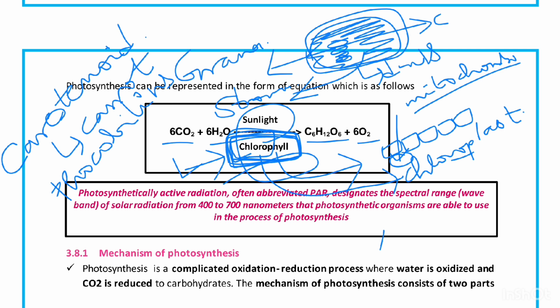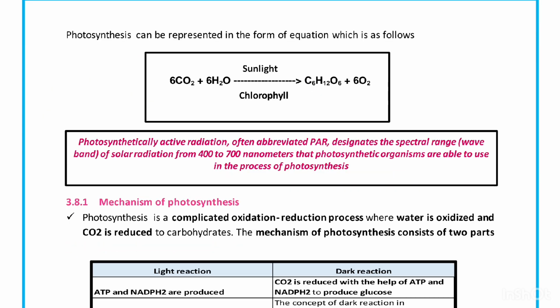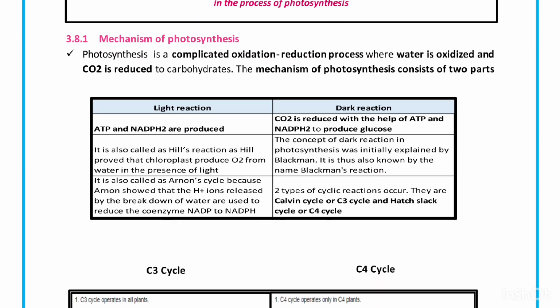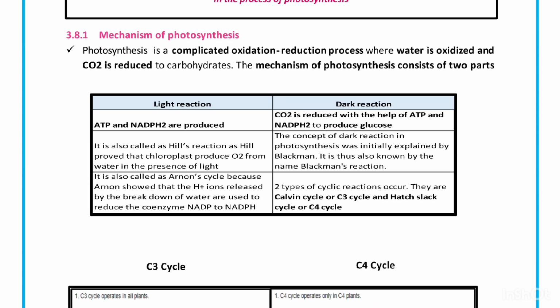So students, this is a plant cell, and you can divide this plant cell into two parts. There are two phases in which photosynthesis is happening. First is the light reaction. It is called the light reaction as it happens in the presence of sunlight.